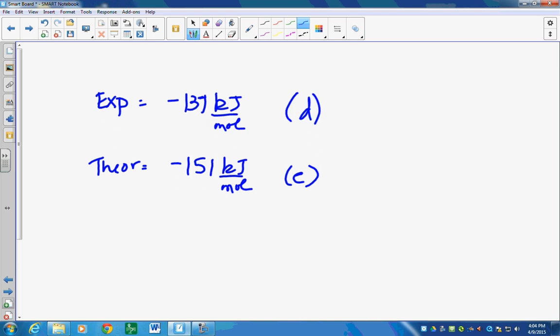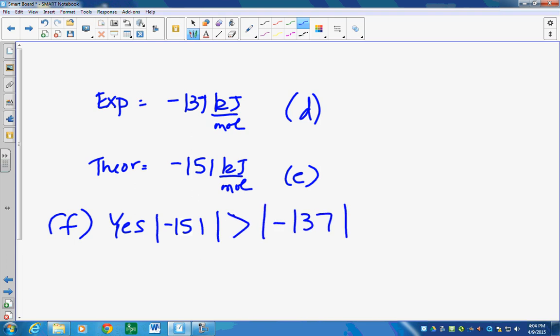Just go with this. On part F, the first question is yes. Because 151, I'm just looking at the absolute value, we're just looking at the magnitude. The absolute value of negative 151 is bigger than the absolute value of 137. In other words, our experimental value is too low.